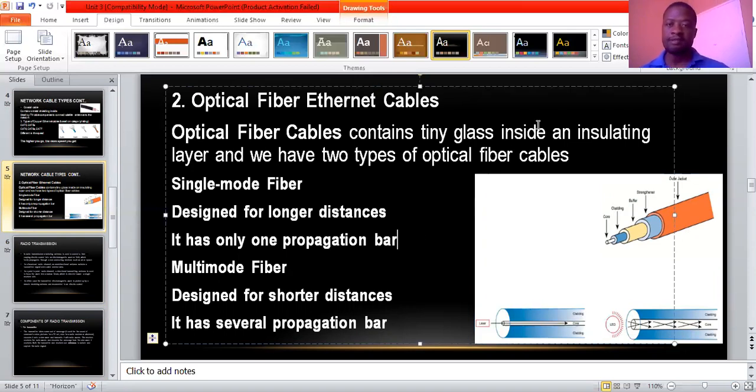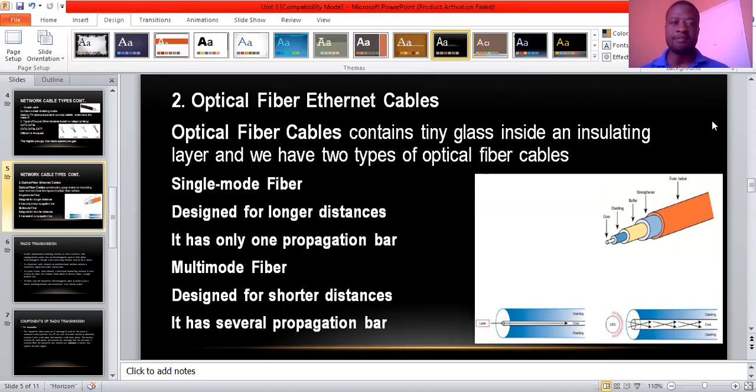So those are the different types of cables that we have. We have two types: the copper Ethernet cables, and secondly, the optical fiber cables. In the first one, we looked at different types of copper Ethernet cables based on their structure, their usage, and their categories.